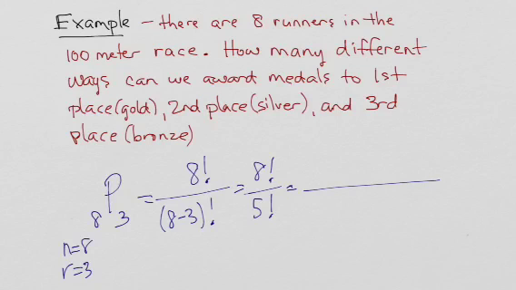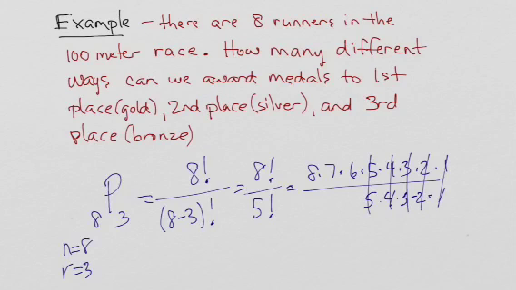Let's write it out and simplify. 8 factorial is 8 times 7 times 6 times 5 times 4 times 3 times 2 times 1. And the denominator 5 factorial is 5 times 4 times 3 times 2 times 1. We cancel out all the matching numerators and denominators, leaving us with just 8 times 7 times 6.